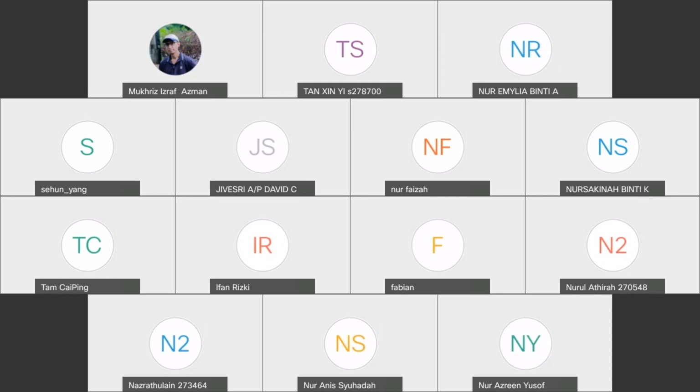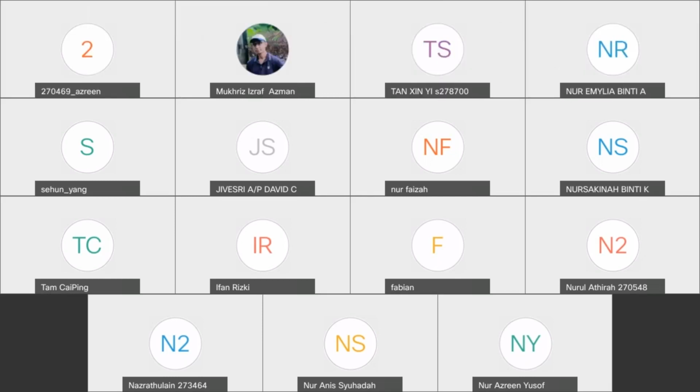And if you cite an article but the article does not appear in your references, for example, you cite according to John 2020, but when I look for John 2020, the article does not appear in your references list. It means you forgot to include the article in your references list.